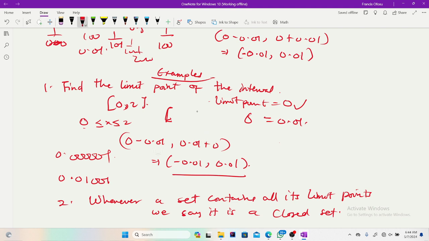Even with this example I gave here, it's a closed set. When I take 2 as my limit point, using 0.01 delta, I'll get something like 1.99 comma 2.01. Within this interval I'll surely have members of the set here, right? So every closed set will have its limit points being members of the set. Take note. So this is the lecture on limit points of a set.